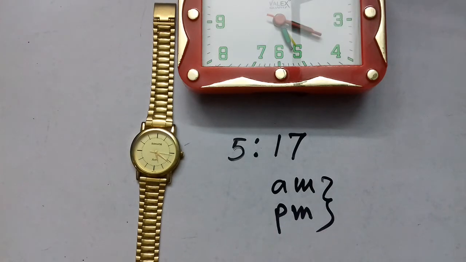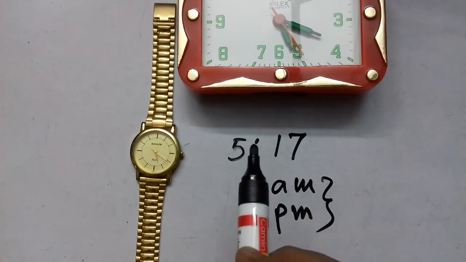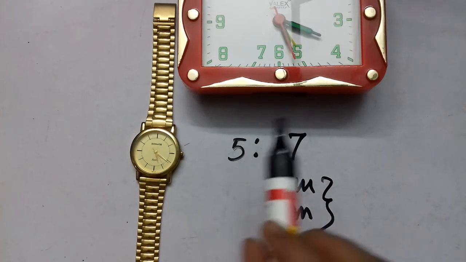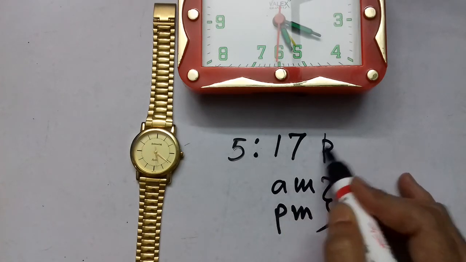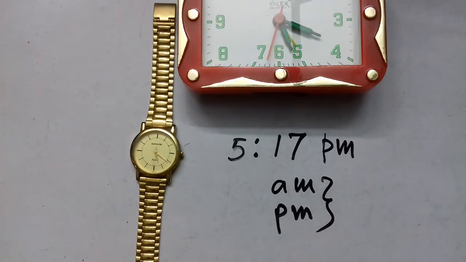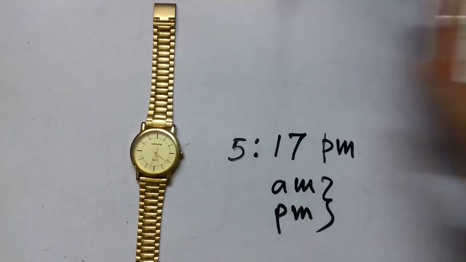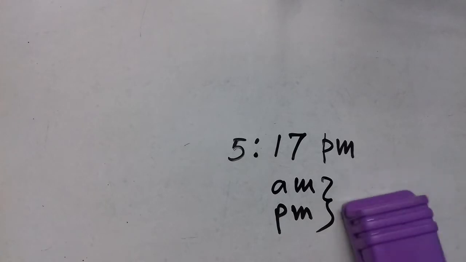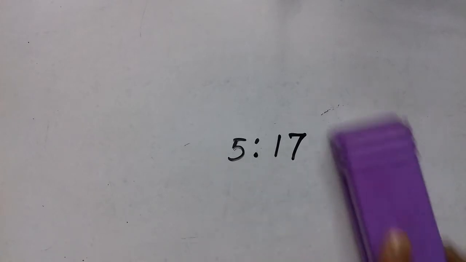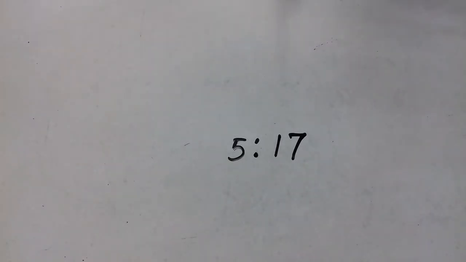It is early morning, or it is in the evening. Since generally we don't prepare these types of videos early in the morning, you can guess that this is evening, 5:17 p.m. My point is, if AM or PM is not written, then we can't understand what part of the day it is, morning or evening.